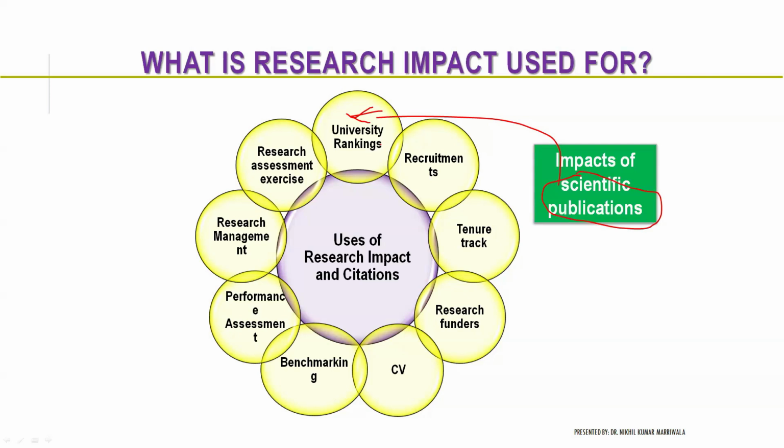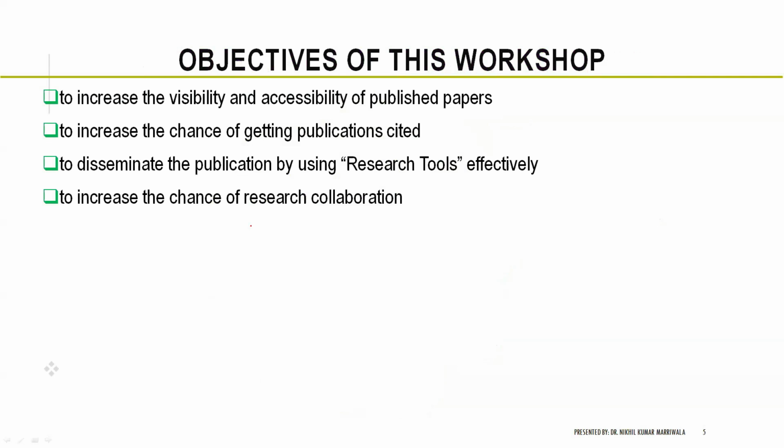Then recruitments are done on the basis of your scientific publications, research funding is done on this basis, your CV gets improved, benchmarking, performance assessment, research management, and research assessment exercises are done. So all these factors have an impact on the research that we people are doing, right?